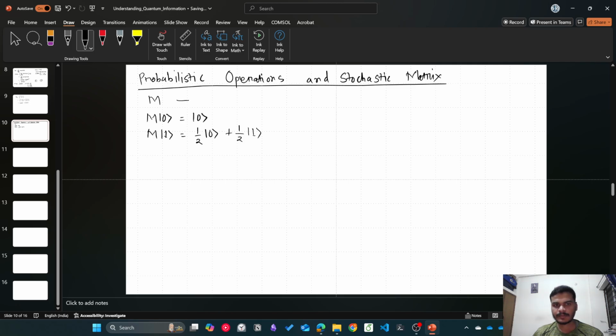So such kind of operation is called probabilistic operation, and we represent them as stochastic matrices.